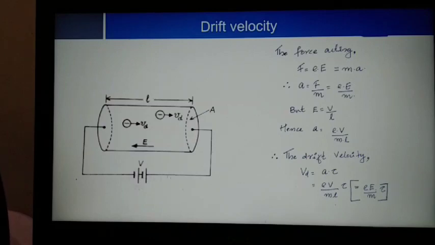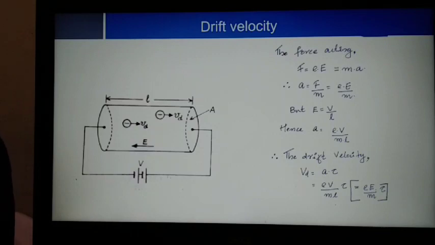Because acceleration is there on that electron during the relaxation time. Why? Because relaxation time is the time interval between two successive collisions. So when it makes a collision, it gets accelerated, and when it makes the next successive collision, its velocity changes.